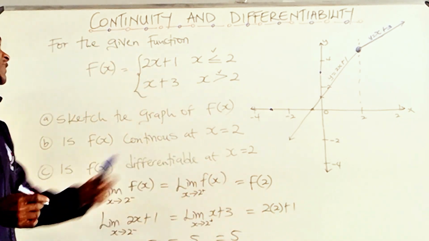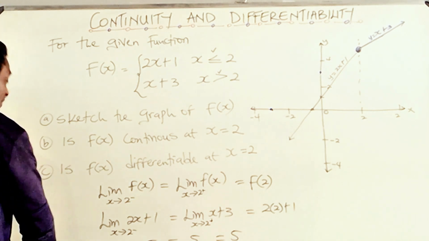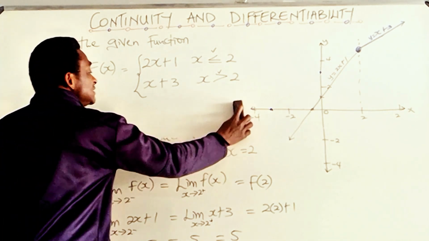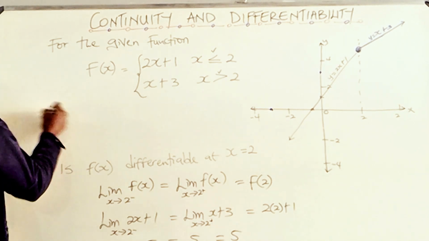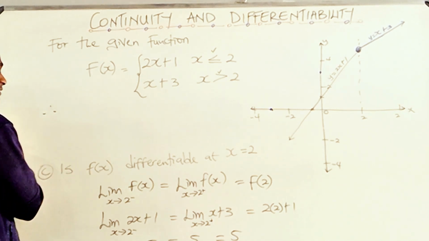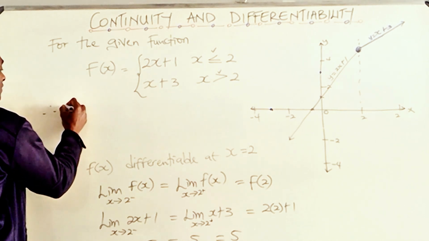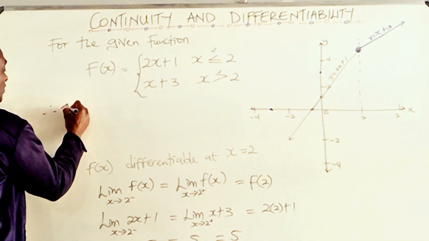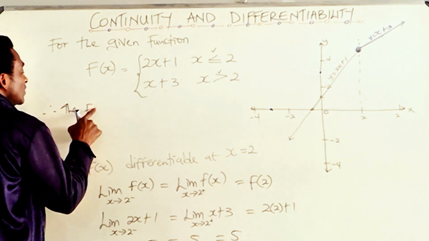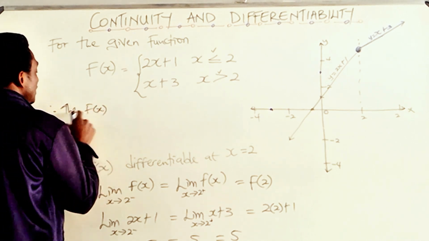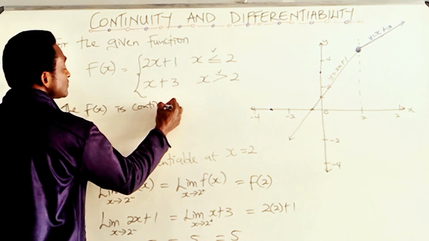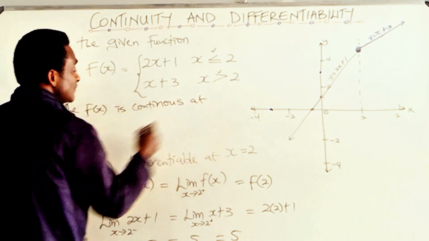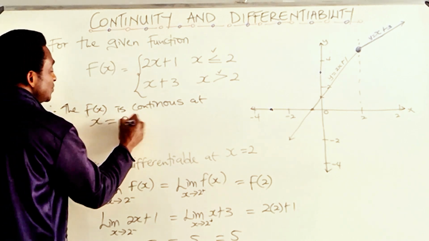You see, all of them are the same. All of them return the same value. So if all of them return the same value, we can say, therefore, the function f of x is continuous at x equals 2.